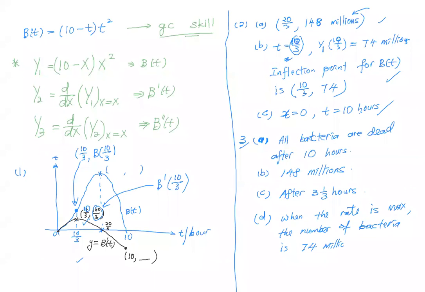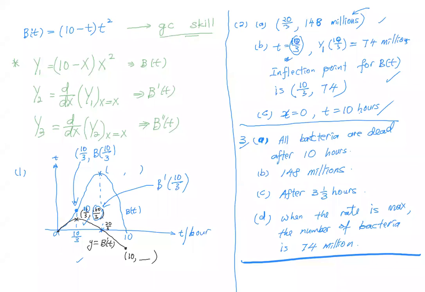So that is called interpret. So you see, you use technology. You make sure you get the right thing, then you apply it. So in this question, I'm teaching you the GC skill at the same time, the application of it. How are you going to use whatever you have found using your GC to answer the question?